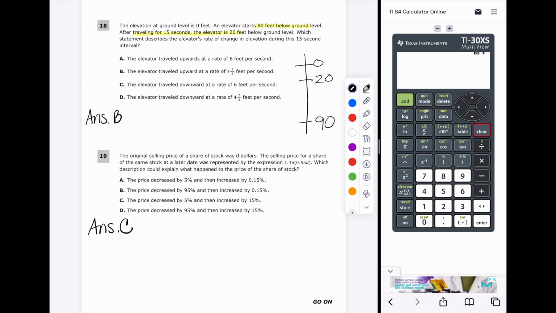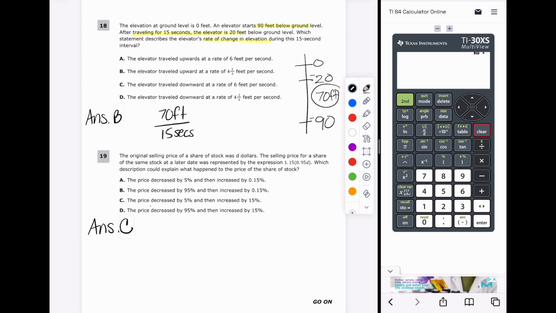Which statement describes the rate of change for elevation in that 15 seconds? So, okay, in 15 seconds, how far did it travel? It traveled from negative 90 to negative 20, so it traveled 70 feet. Remember, feet has to be positive. It can't travel negative feet. So it traveled 70 feet in 15 seconds.